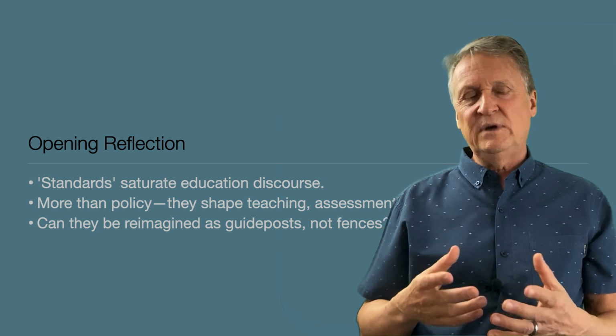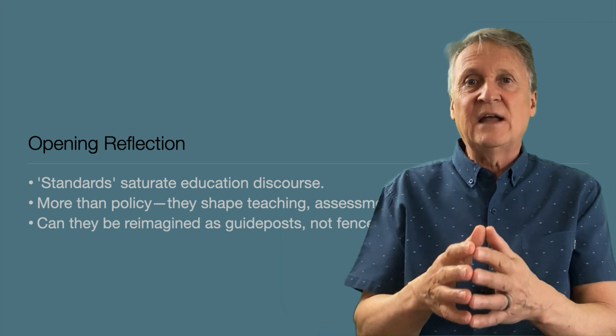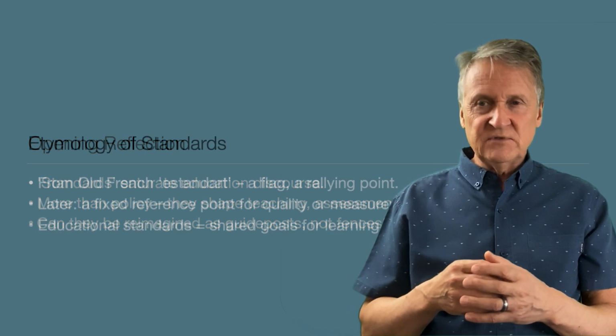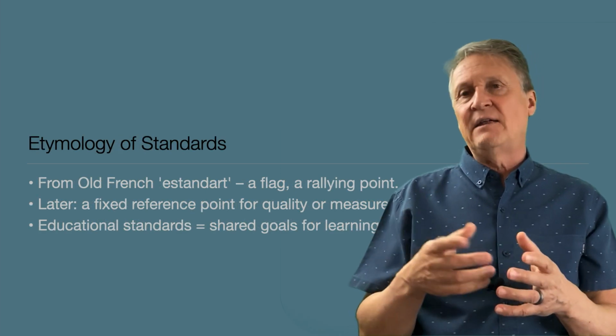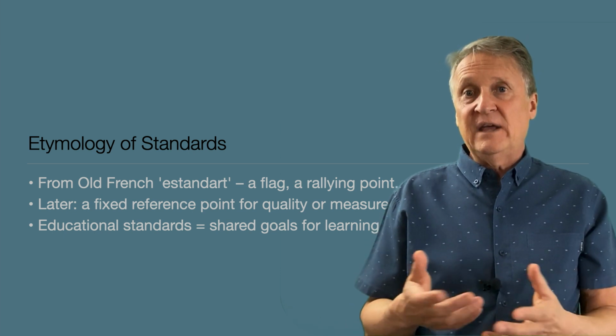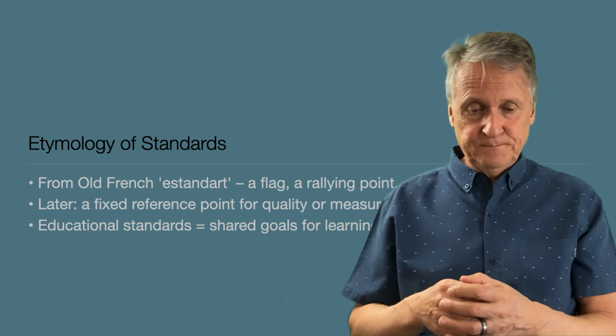What are standards really about? And how do they connect to real teaching and learning? The word standard comes from the Old French estendard, meaning a flag or rallying point. It later came to mean a fixed reference point for measurement or quality.